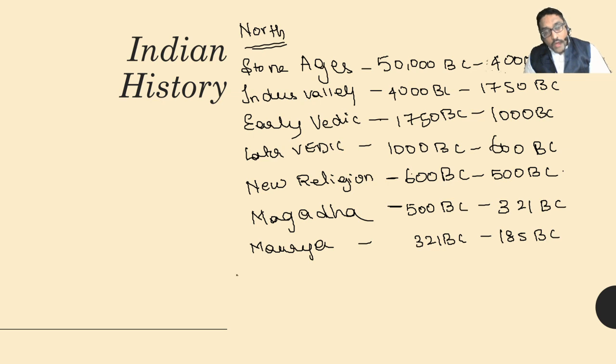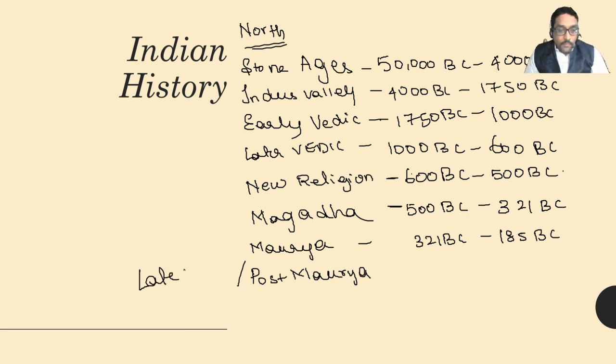See, late Maurya or post Maurya. This depends on the historical book that you are studying. Some books even call it late Maurya. It will be from 250 BC to 250 AD.